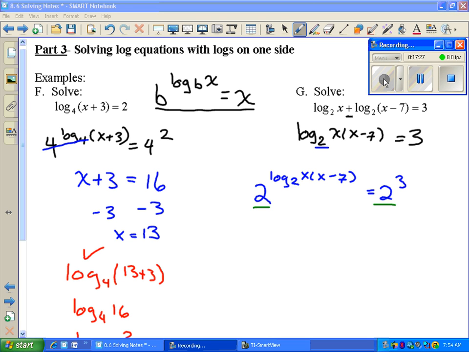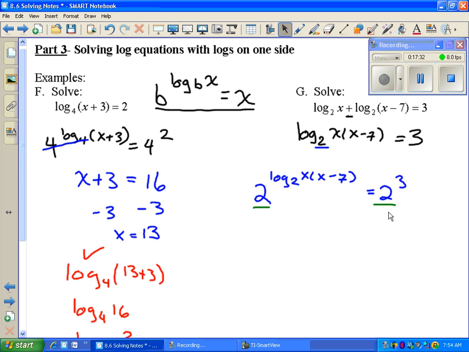So my bases are the same. What I do to the left side, I can also do to the right side. My log and my exponent cancel, so I'm left with x times x minus 7 is equal to 2 to the third. 2 times 2 is 4, times 2 is 8.